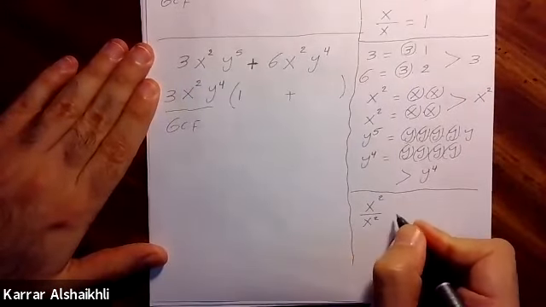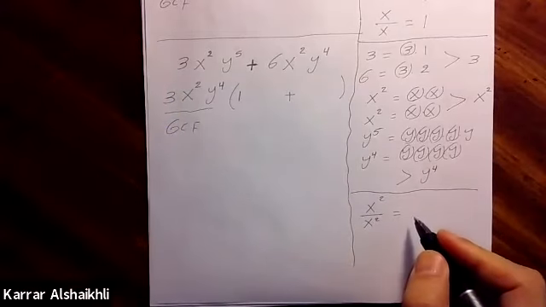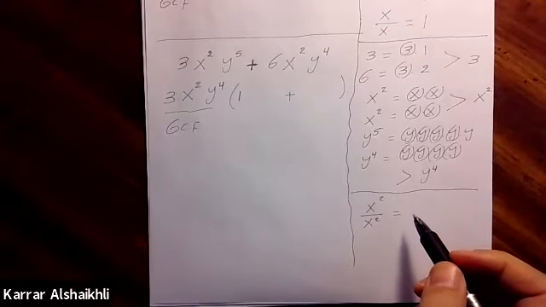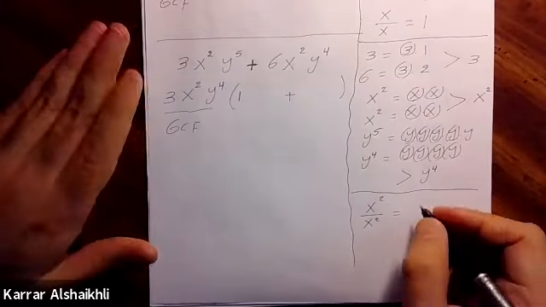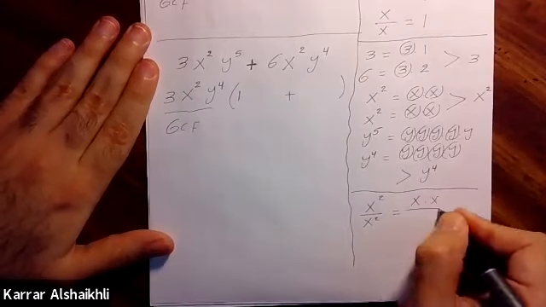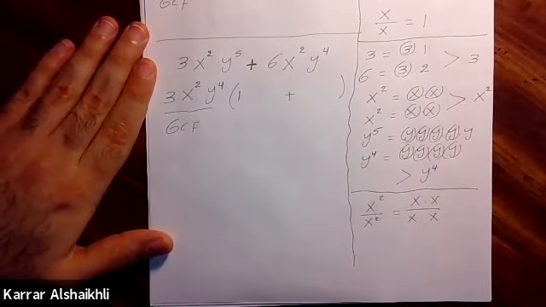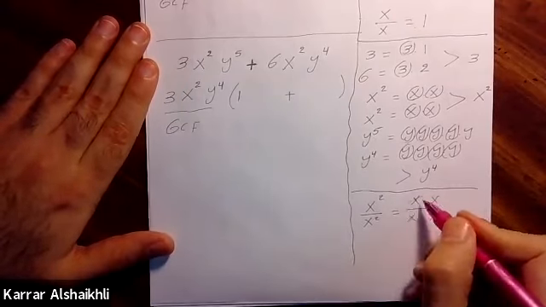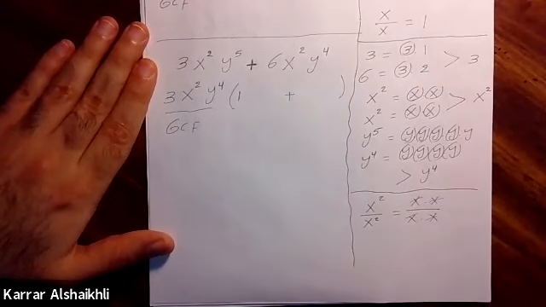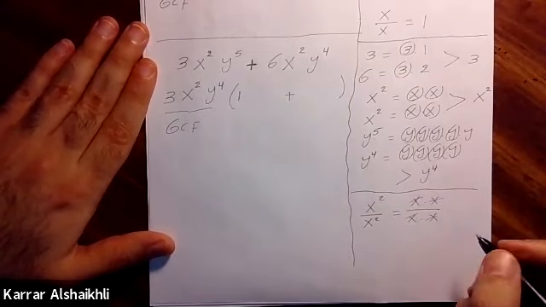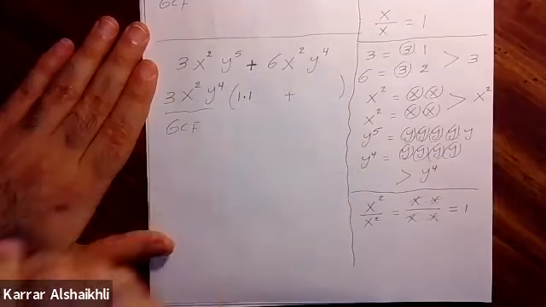How much is left over here? X squared divided by x squared means x times x divided by x times x. You're gonna cancel the x and the x. So what's the leftover? 1. So that means 1 times 1.